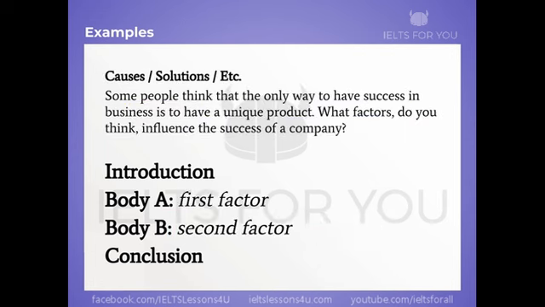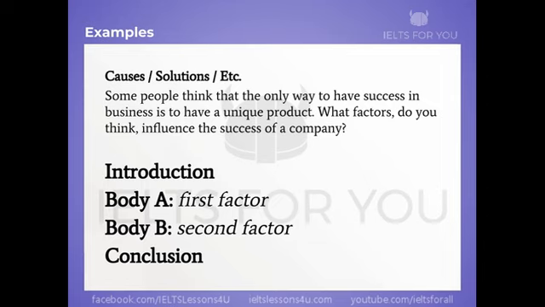Next, let's look at the causes and solutions type. Some people think that the only way to have success in business is to have a unique product. What factors do you think influence the success of a company? Okay, so we're asked about factors. What I recommend is that you choose 2 factors that are most important.